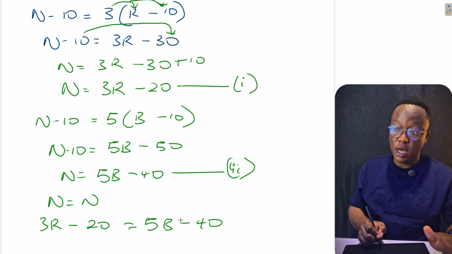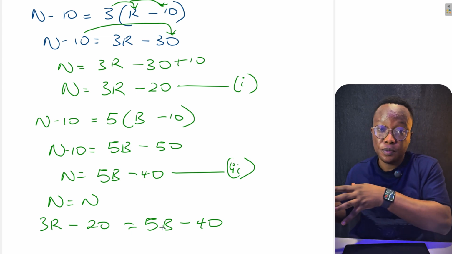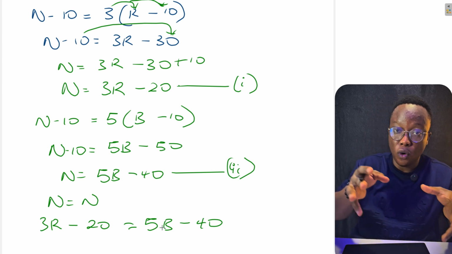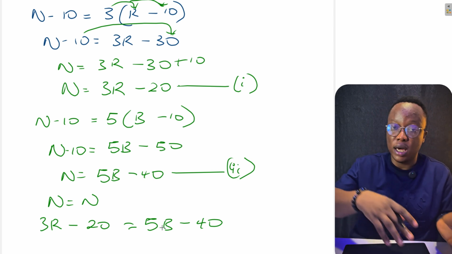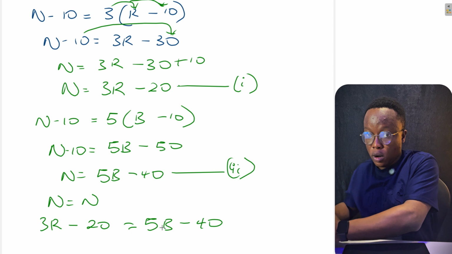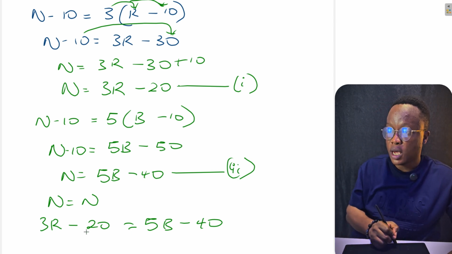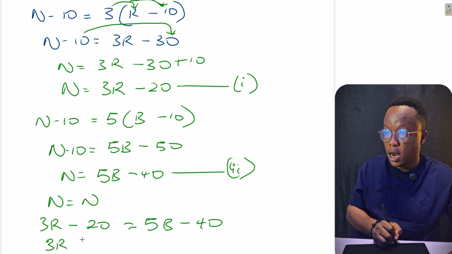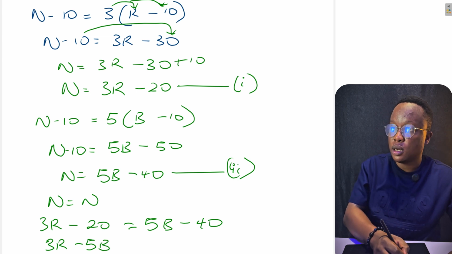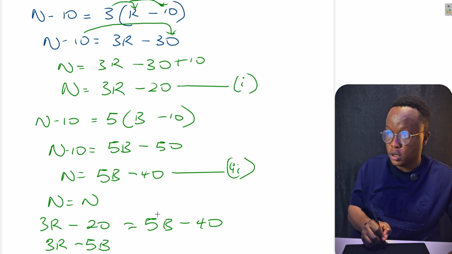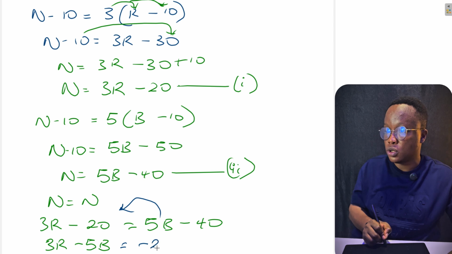So all we're going to do here is isolate all the variables, and isolate all the constants. So let's bring all the variables to the left hand side and all the constants to the right hand side. So we're going to have 3R minus 5B. How did we get that? We brought 5B to this side, is equal to minus 20.